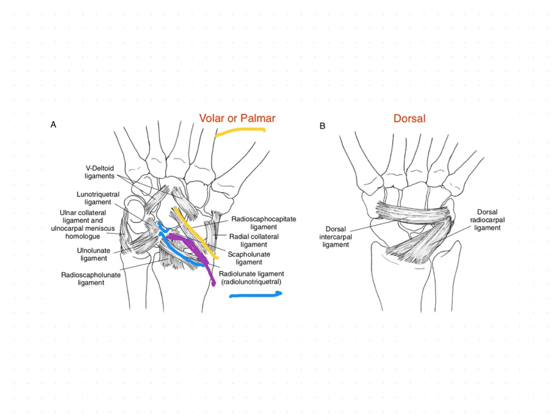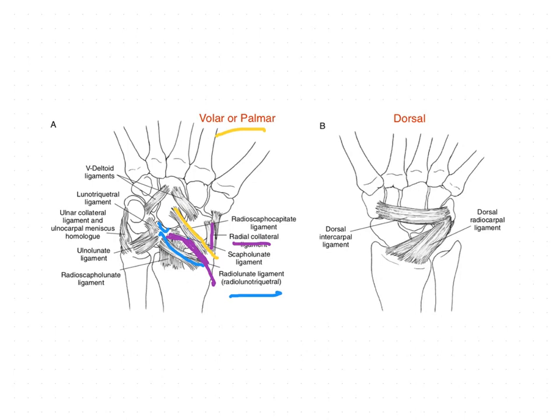And coming to the radial collateral ligament, here you can see this radial collateral ligament. It may be considered an extension of the volar radiocarpal ligament and capsule. Novak and Logan identified the radiocapitate as an extrinsic ligament, whereas Blevins and colleagues identified it as a part of the palmar intracapsular ligaments.